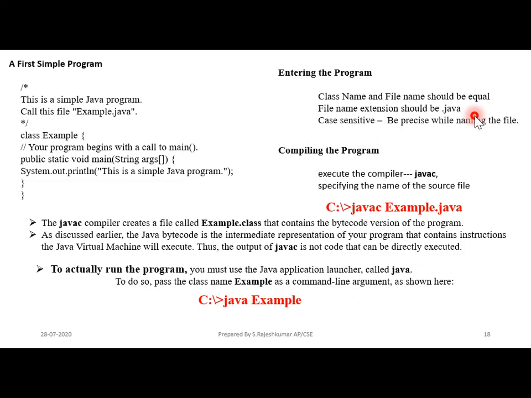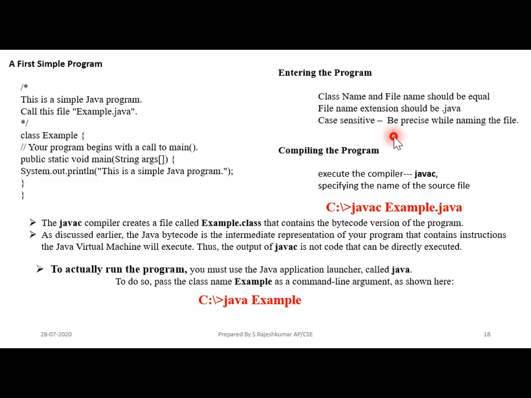After saving your program, you have to go to compilation. For compilation, you need to use the javac compiler. That compiler compiles your high level language code and converts it into the machine code, or Java bytecode.